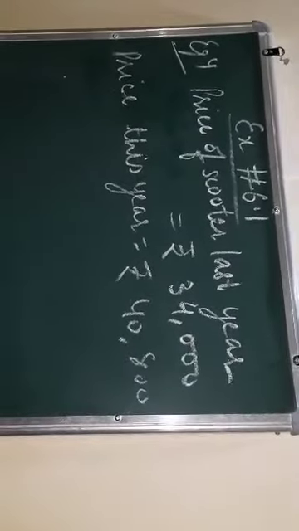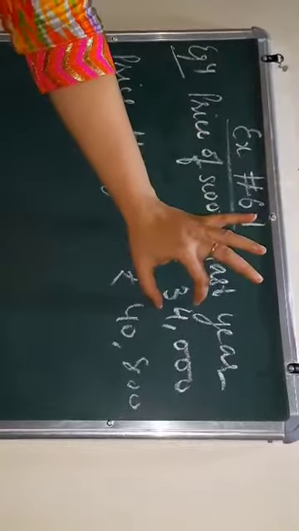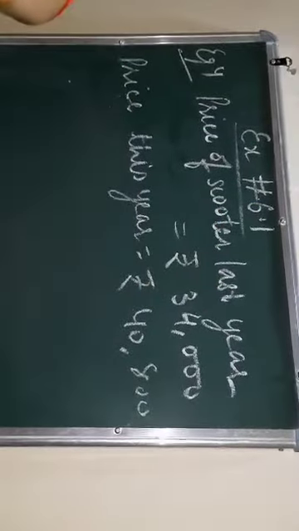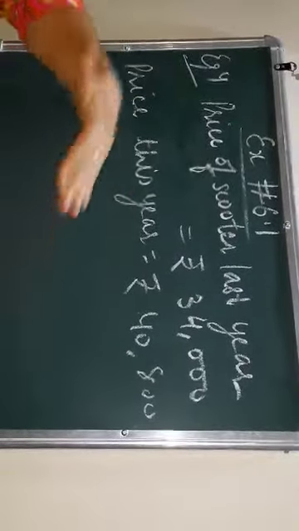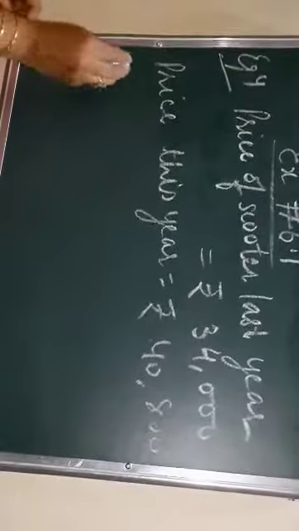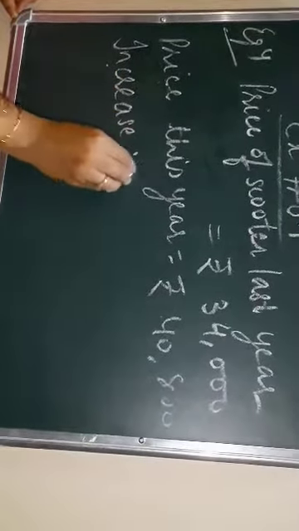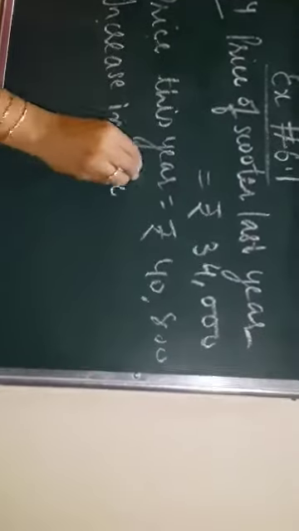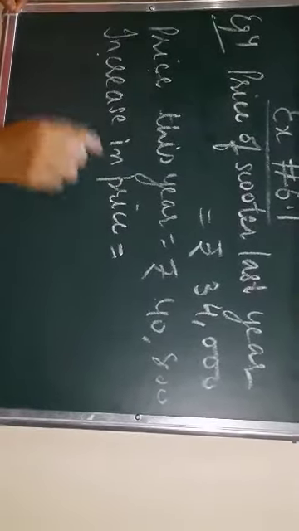Now first you have to tell whether the price has increased or decreased. Last year it was 34,000. This year it is 40,800. You can simply see that there is an increase in price. पिछले साल से इस साल price बढ़ गई है. So that means we have to find increase. As there is increase in price, first we'll find what is the increase.